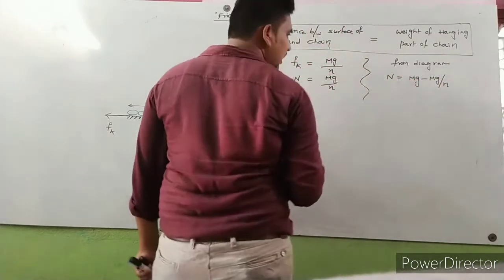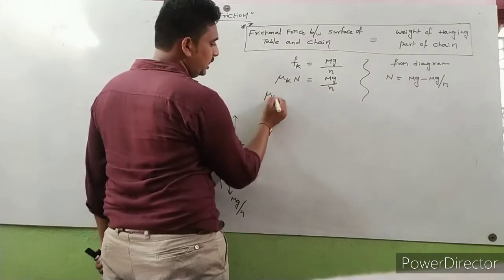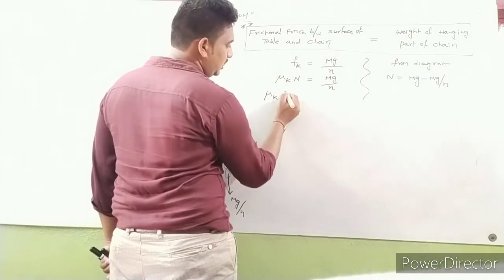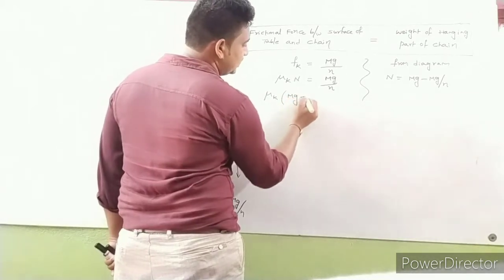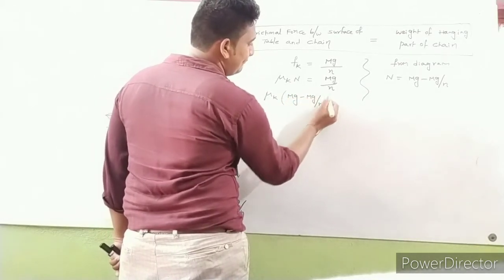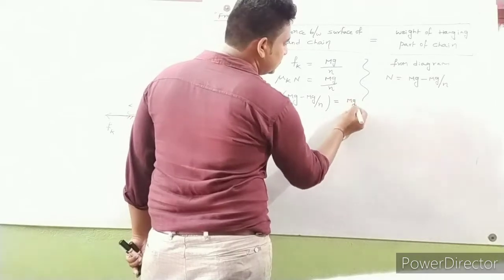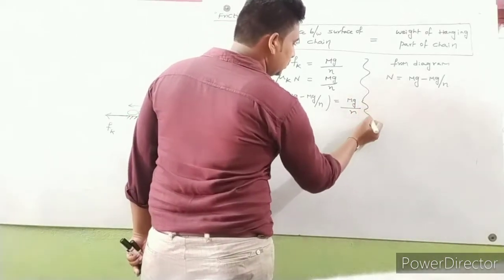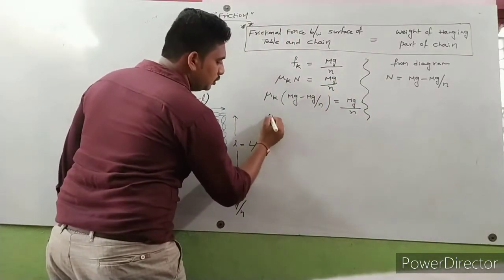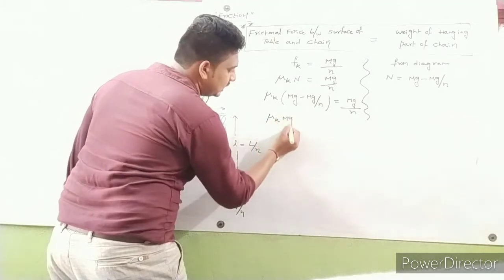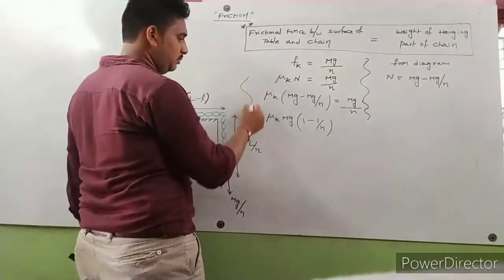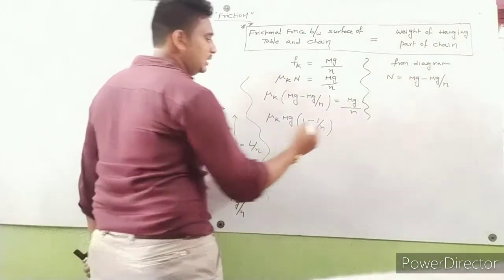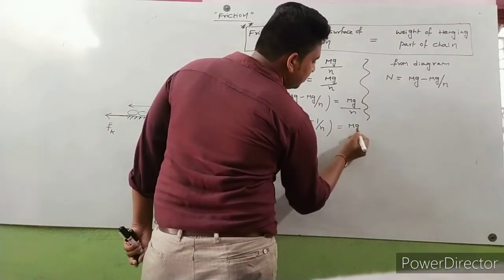So mu k into mg minus mg by n is equal to mg by n. Taking mu k into mg as common, we get 1 minus 1 by n equal to mg by n.